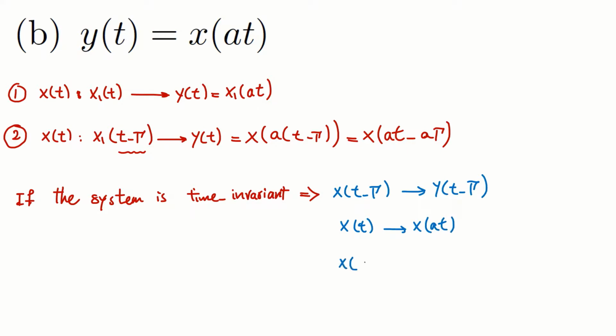If I shift this, in a time invariant system we would have the same shift here. If you compare these two, you see that these two don't match, and that means this system is not time invariant because its behavior does not match what we expect from a time invariant system. So the system is time varying.